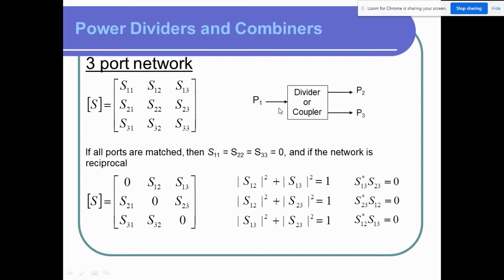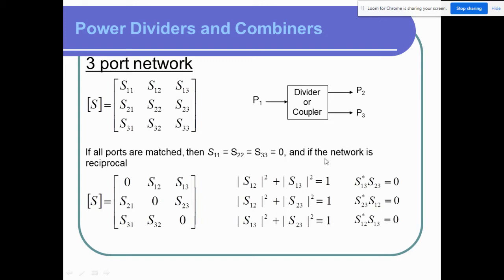And this is how it converts. In a basic scenario, the theoretically perfect scenario, the ideal condition, all the different ports should be matched. If all these ports are matched, and I have mentioned many times that matching is so important to get rid of the reflection, then theoretically there will be no S11, S22, and S33.